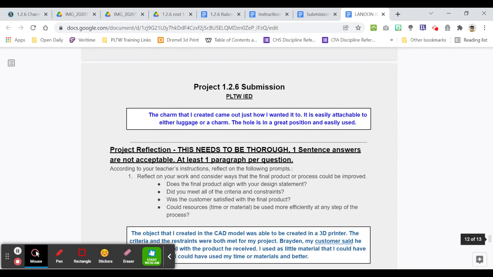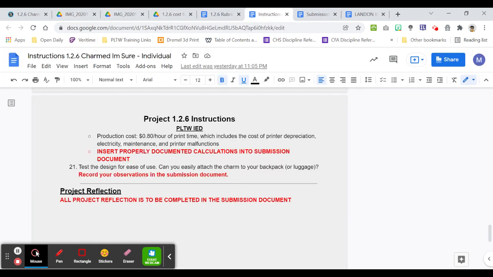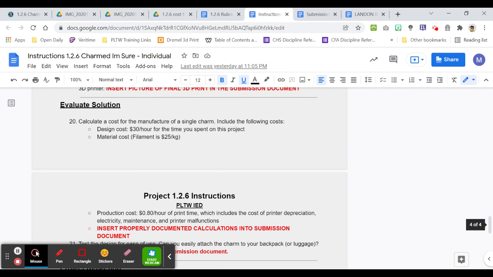And so we can see here that they've noted it's easy to attach, the hole's in a good position, it's easy to use, so our information has been included. Our relevant observations are included. And that is how you complete the Evaluate Solution section for Project 126.